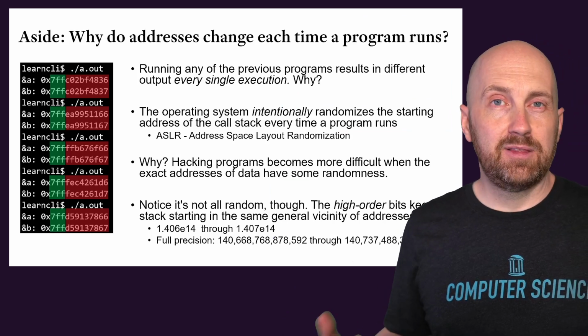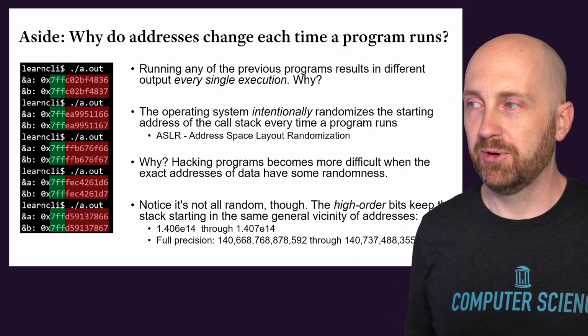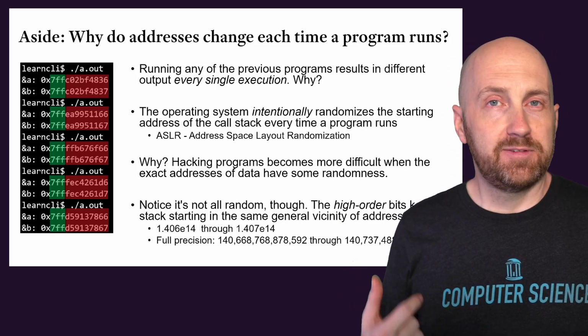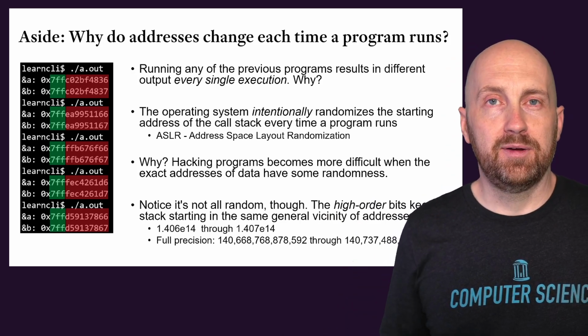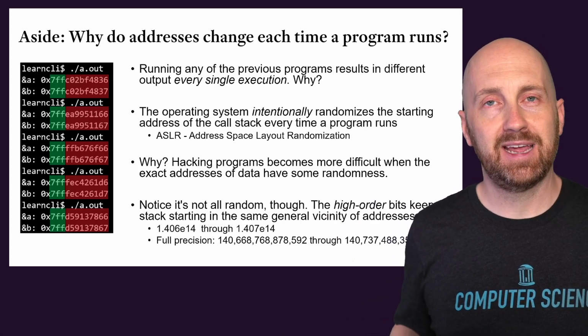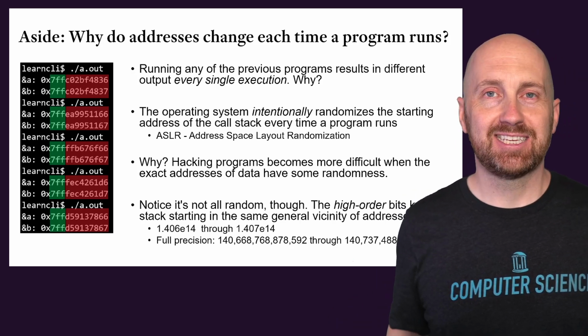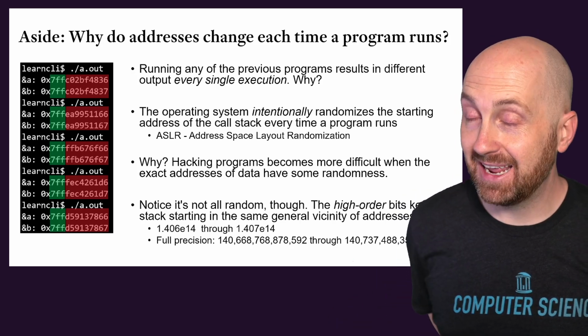So why did the outputs of the addresses change each time we reran the program? Well, there's a feature built into our virtual machine's operating system, or your host's operating system, called ASLR. It's very different from ASMR, right? So this is address space layout randomization.